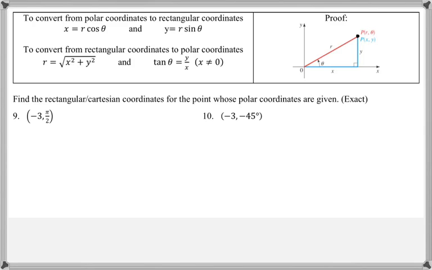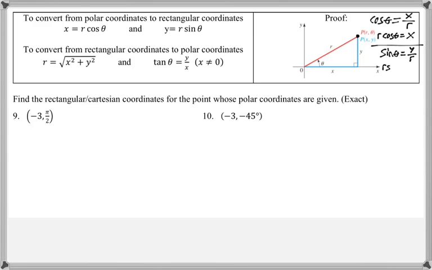So if you look at the cosine of theta, cosine is equal to adjacent over hypotenuse. So this would be x over r, and then if you multiply both sides by r, r cosine of theta is equal to x. And then sine of theta is equal to the opposite over the hypotenuse, so y over r.